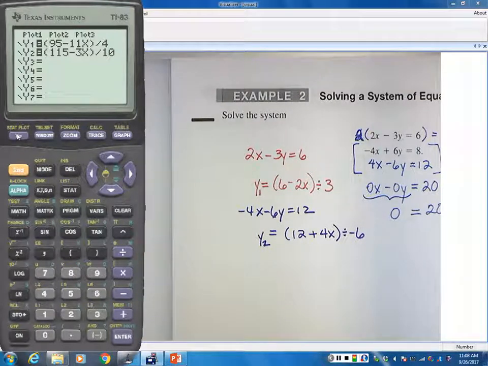So y1 says 6 minus 2x divided by 3. And then my second one says 12 plus 4x, we're going to divide this one by -6.